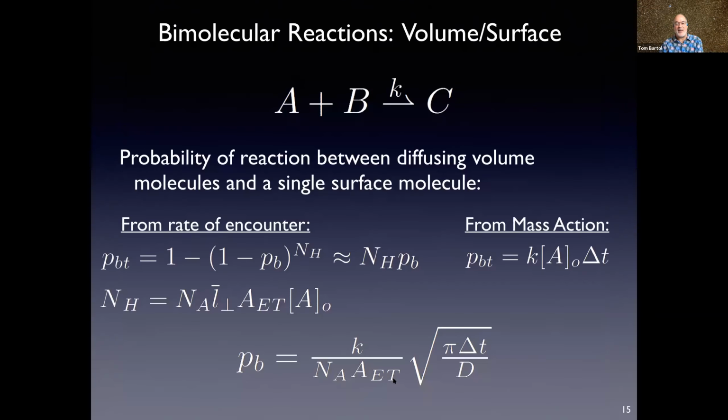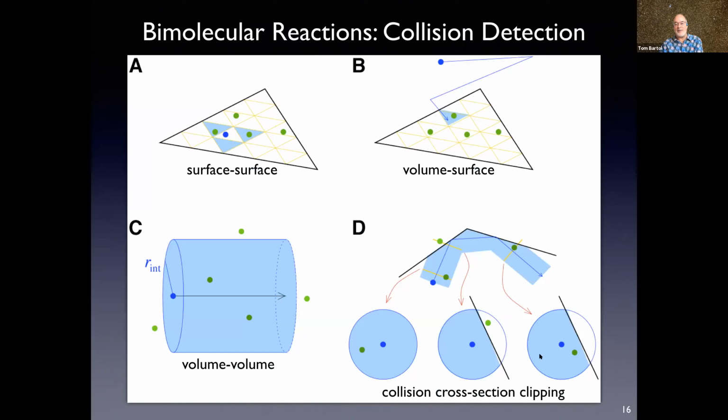So instead of using AET, the full area, it uses the new truncated area to calculate a new probability for the K that we want. Any particles that we intersected at that point would be subject to this collision cross-section area, and that would be the area that we use for asking, do we bind to molecule B or not?